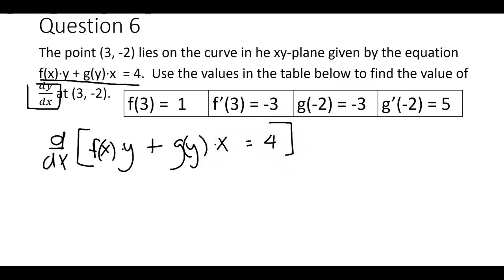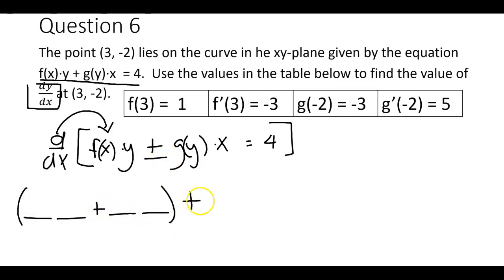All right, so I'm going to take the derivative of this guy here, and that's a product. I've got f of x being multiplied by y. So that's going to give me blank times blank plus blank times blank for my first product rule. And then plus, and we'll take another product rule here, blank times blank plus blank times blank.